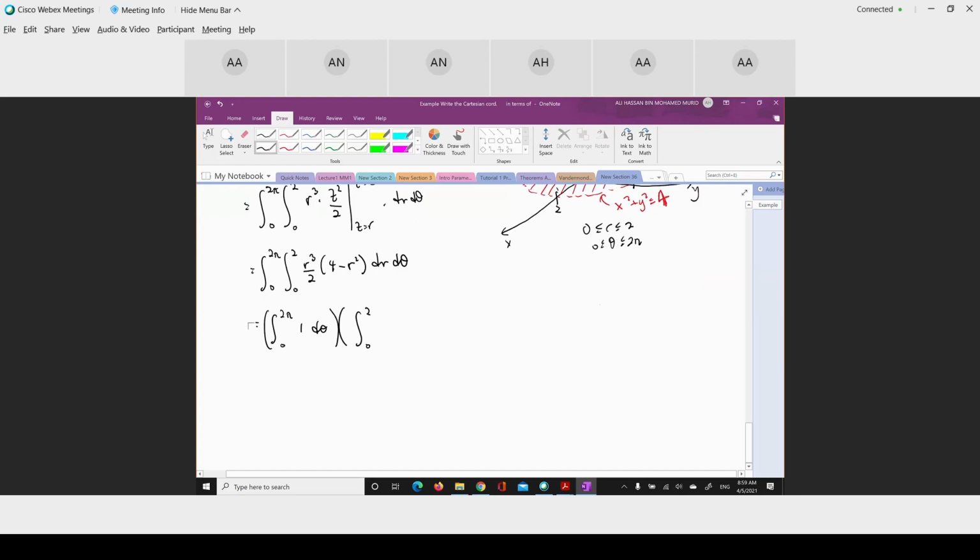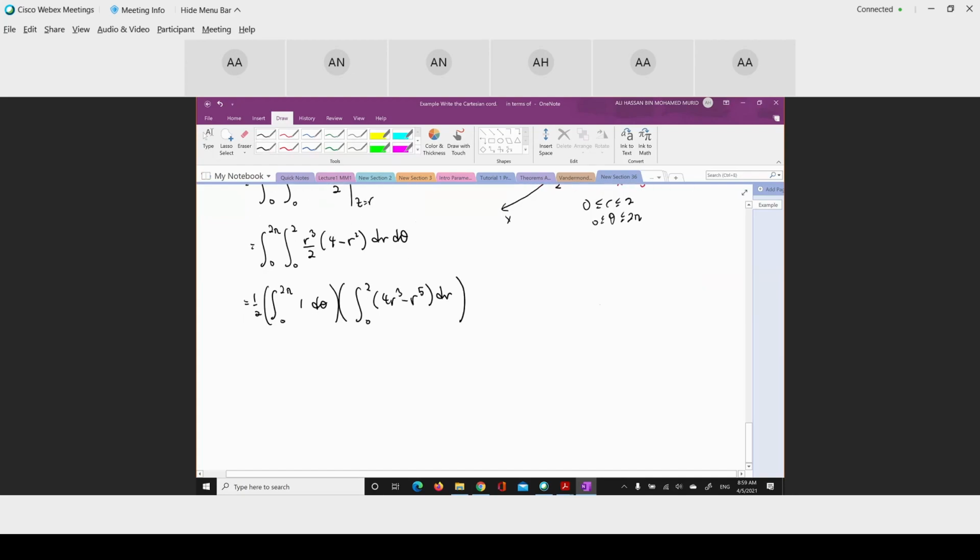I can pull out the constant 1/2 in front. The integrand here is 4r cubed minus r to the power of 5. Because the integrand is independent of theta, we can write it as a product of two integrals, one with respect to theta, one with respect to r.